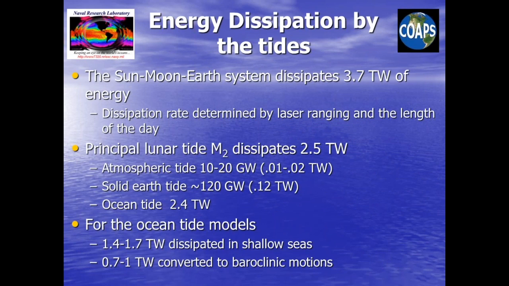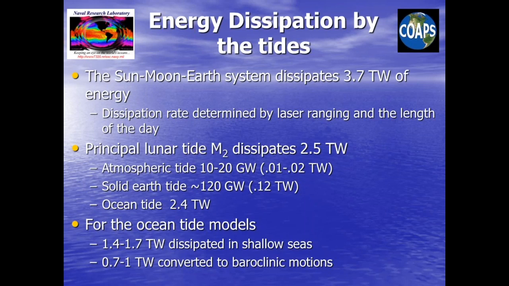But the other thing to bear in mind, as we begin to really evaluate this, is that we do know something about how much energy is dissipated astronomically. It's about 3.7 terawatts. And the principal semidiurnal tide dissipates about 2.5 terawatts, and most of that is in the ocean tide. And then there's this range of uncertainty, which is how much of that is in the shallow seas and how much of that is in the deep ocean.